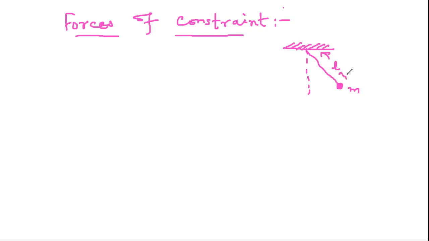Then, if we use Cartesian coordinates x and y, for example, I take origin at this point. This is my coordinate system.